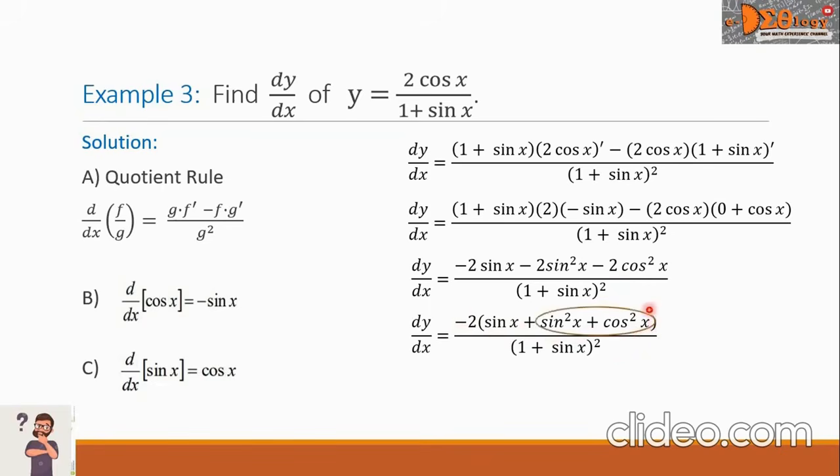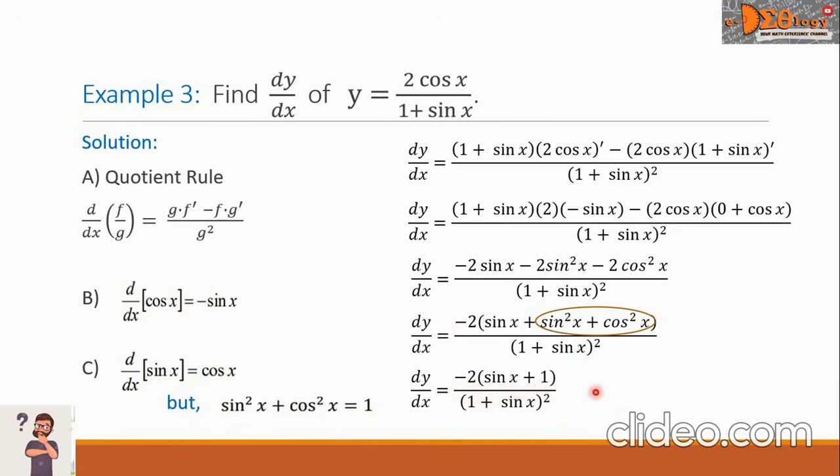Take note that the sum of sine square x plus cosine square x is an identity, and that is equal to 1. So we can change these two into a simple value which is 1. So we have now negative 2 times the quantity sine x plus 1.